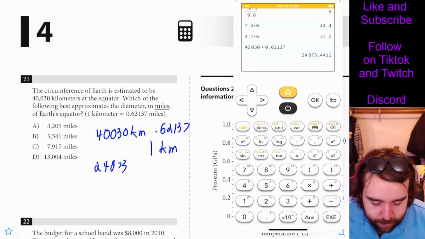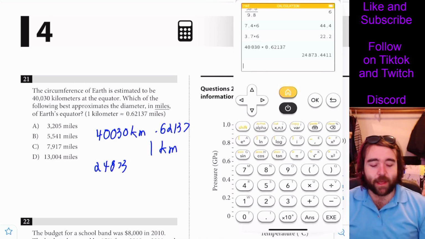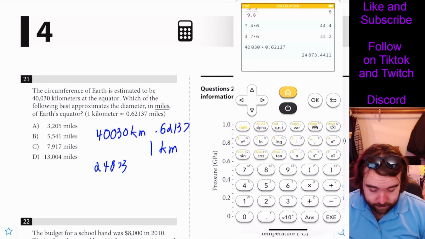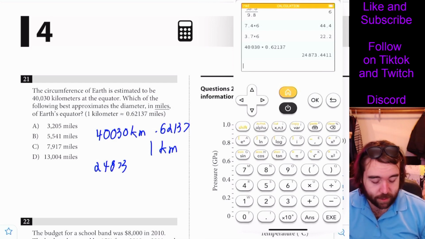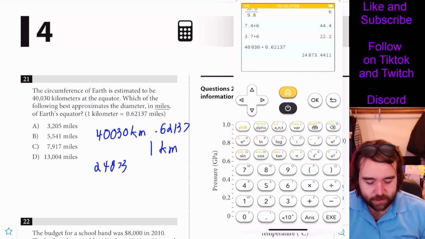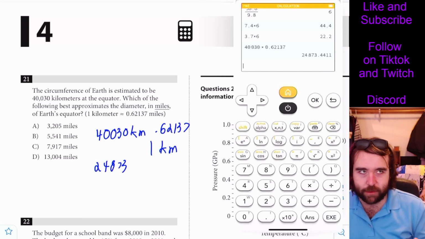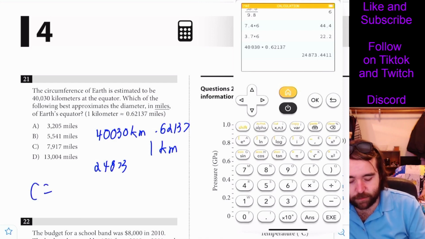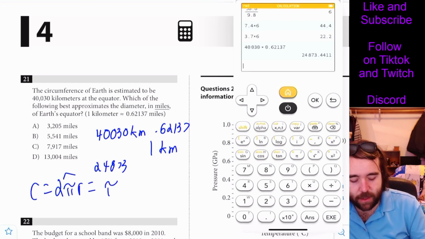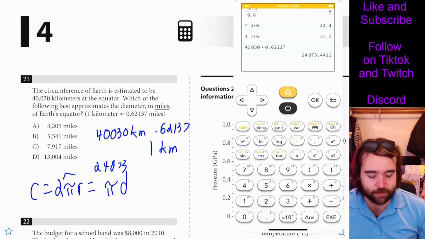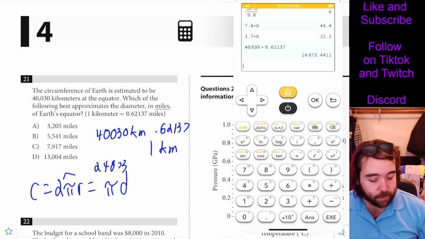So what we just found was the circumference in miles. And then what is the relationship between the circumference and the diameter? Well, the circumference is 2 pi r. Combine these, 2 times the radius, that's the diameter. So the circumference is pi times d. So now we know what the circumference is.